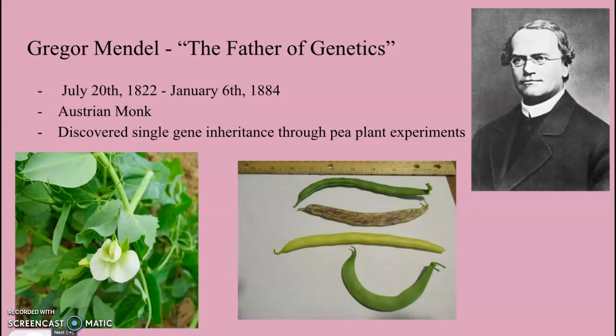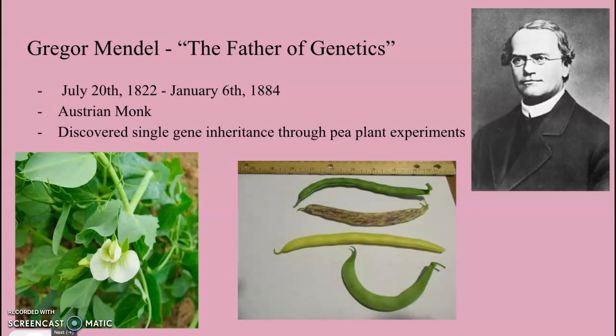So, these experiments that he conducted with the pea plants to see dominant and recessive traits established the rules of heredity. Mendel observed the pea plant's height, color, seed shape, seed color, the color of the flower, and even the location of the flower to determine what was dominant and what was recessive.